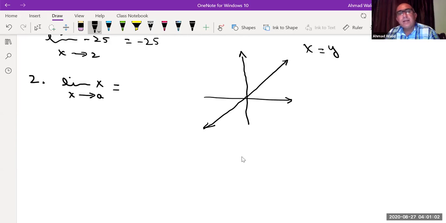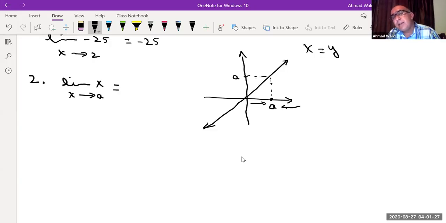This line. Now, if I have this point as A, as I'm approaching A, you see if I'm moving this way, approaching from the left or from the right, doesn't matter. If you're approaching from the right to A, how much is the value here?